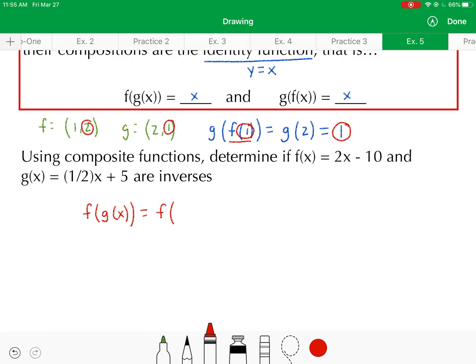We learned yesterday this can be simplified by substitution. We know g of x in this case is 1/2 x plus 5. f of 1/2 x plus 5 just means go to the function f, wherever you see x, replace it with 1/2 x plus 5.